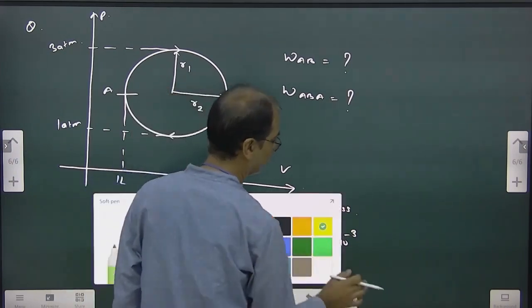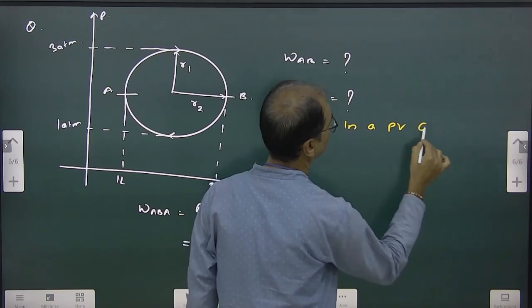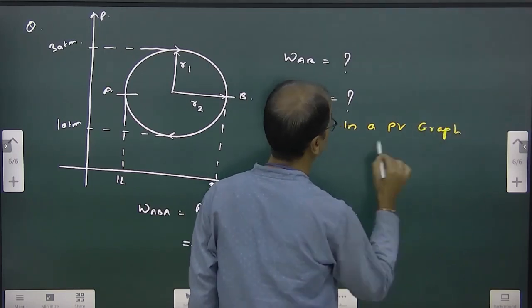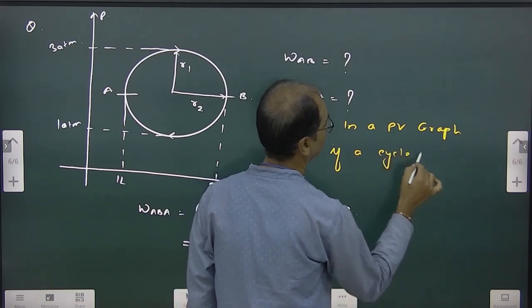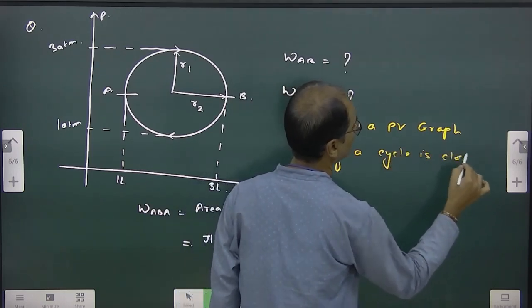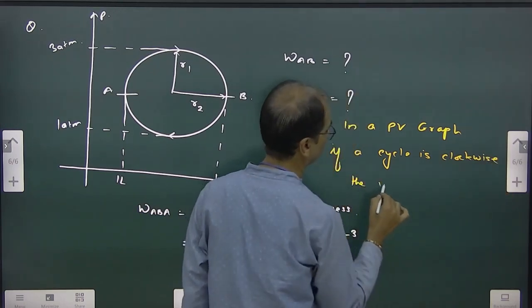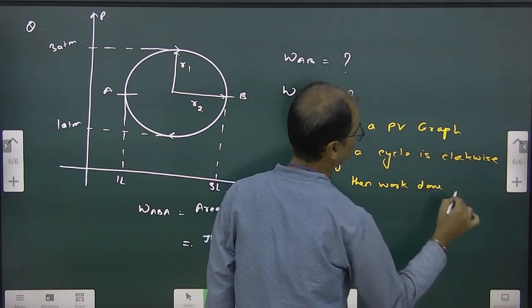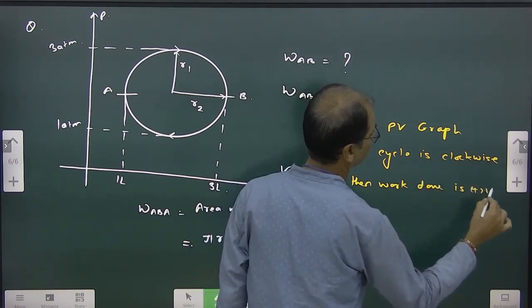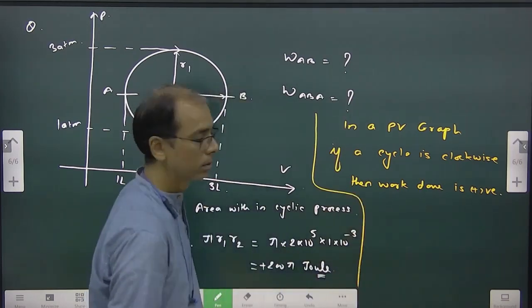In a PV graph, if a cycle is clockwise, then work done is positive. If it is anti-clockwise, then negative.